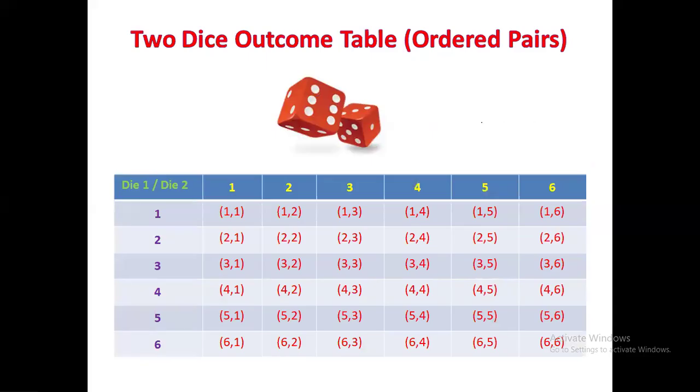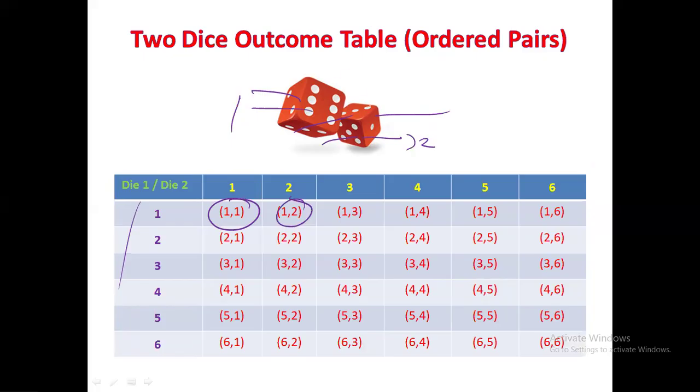So if you are throwing two dice, this is die 1, this is die 2. There may be 36 options. If both are thrown at the same time, we may get 1 1 or 1 2, in this case 1, in this case 2 maybe.